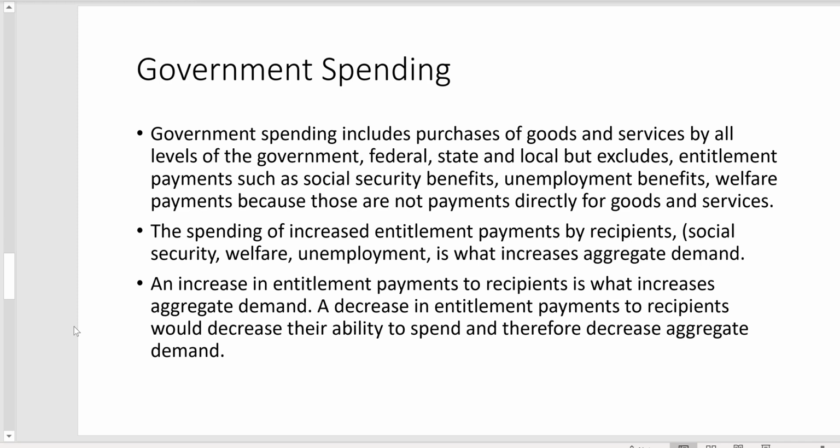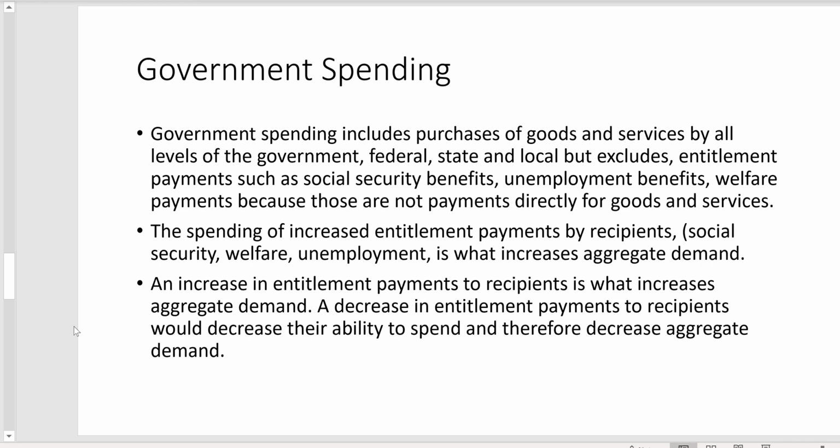But government spending does not include entitlement payments such as Social Security benefits, unemployment benefits, welfare payments. Why? Because when the government pays that out, they're not payments directly for goods and services. These entitlement payments are paid to individuals, and then when those individuals spend that money, that's going to increase aggregate demand.